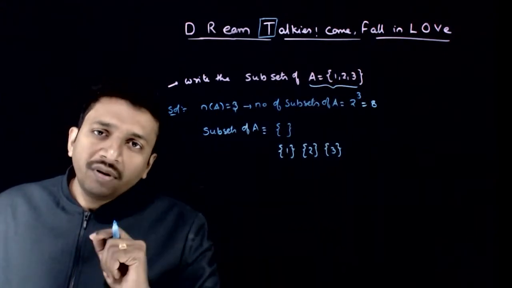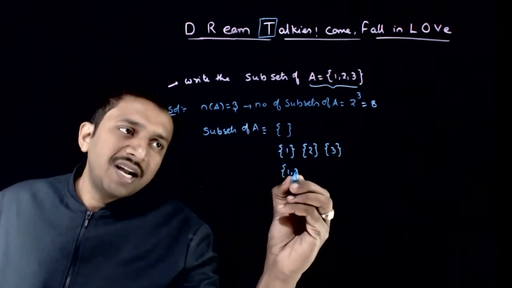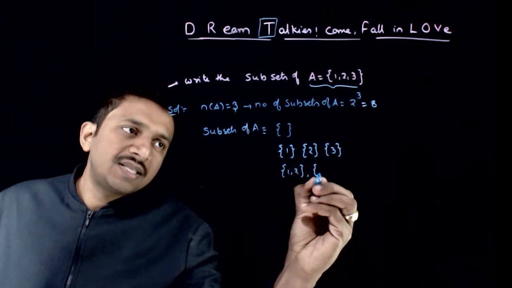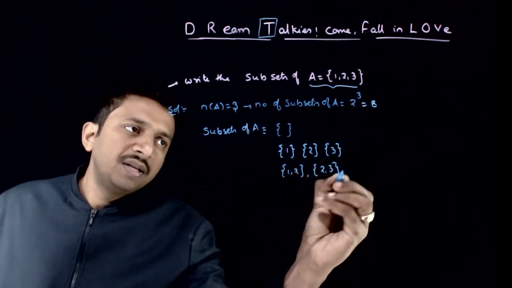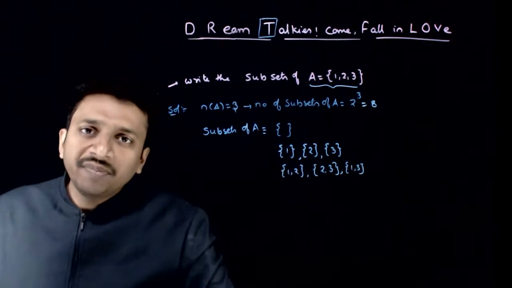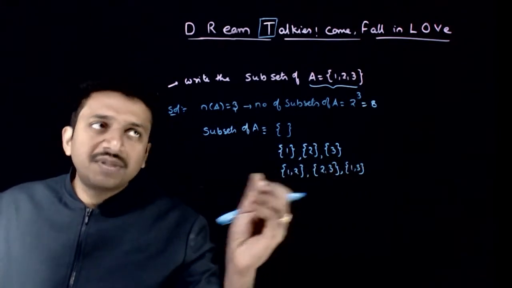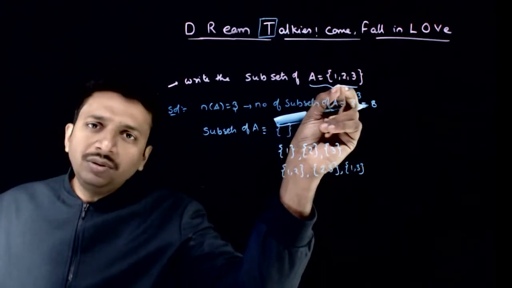Now let us go for subsets containing 2 elements. There is the set containing 1, 2, the set containing 2, 3, the set containing 1, 3. So in this way, if you write them systematically, you will not miss any subset. So you have 3 subsets containing 2 elements each: {1, 2}, {2, 3} and {1, 3}.